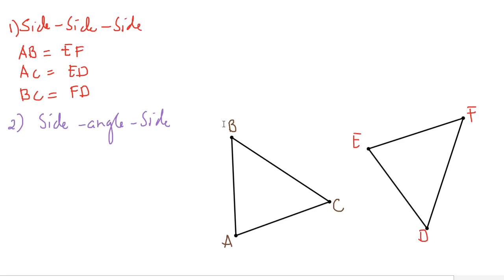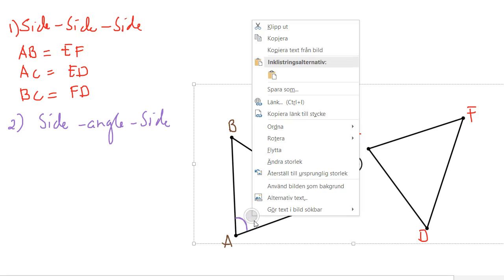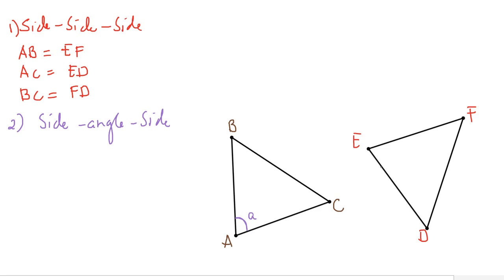How this test works: if I have this angle, call it angle A, and we have this angle E. So if, for example, I have side AB equal to EF, and side AC equal to side ED, and angle A equal to angle E, which is in between these sides.